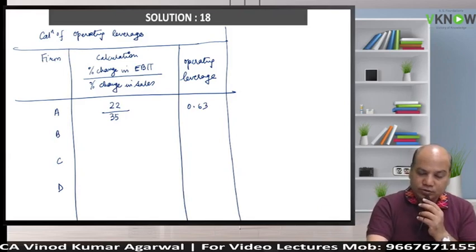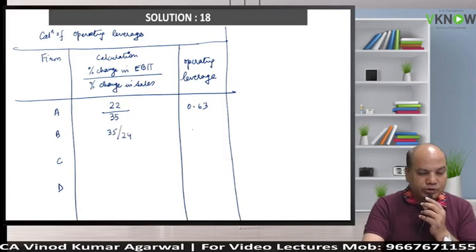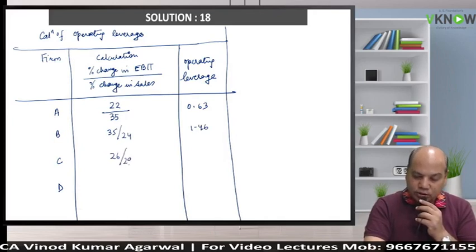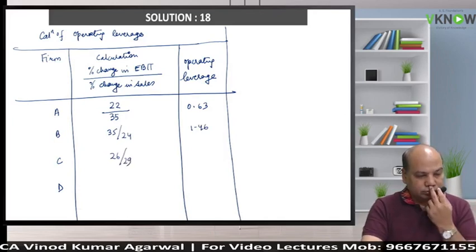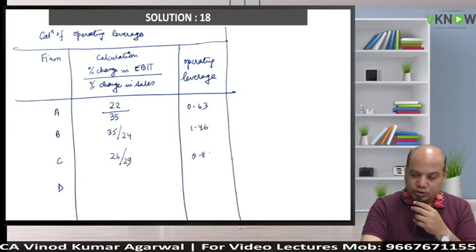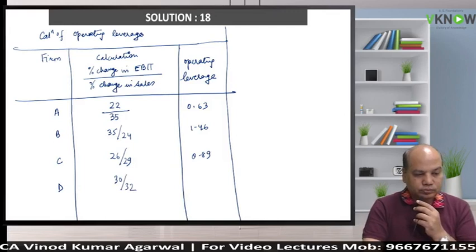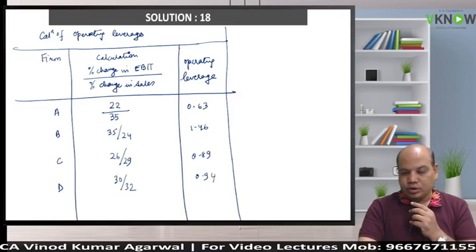Try little fast now. 35 divided by 24. 1.46. Okay, 2 digits are enough. 26 divided by 29. 0.89. Then last one, 30 divided by 32. 0.94. The answer is not over.